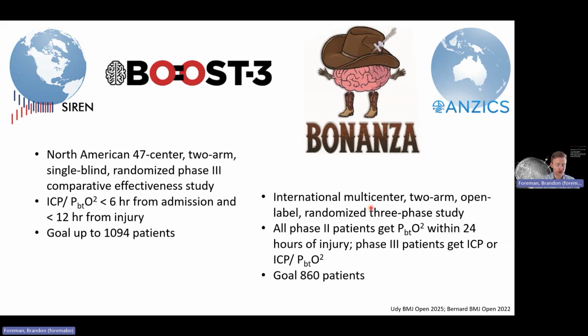It's sites all over Europe and Australasia, and is going to be a sophisticated multi-phase study. In one of those phases, phase 2, patients will get both pbtO2 and ICP, all within 24 hours of injury. So there are differences in how quickly you get these therapies based on how quickly you get the monitoring. And we'll have to see what shakes out in the end.